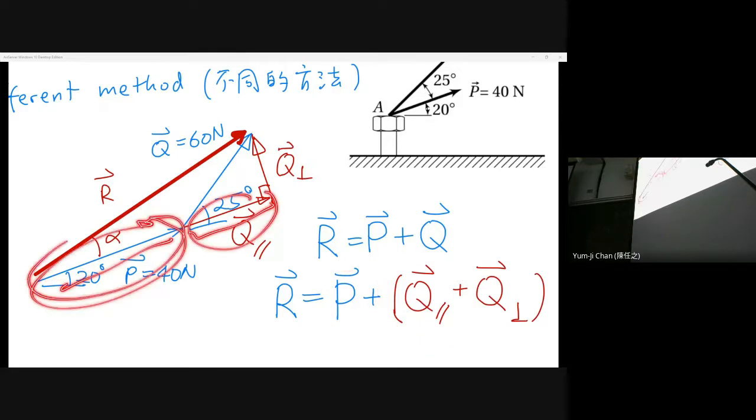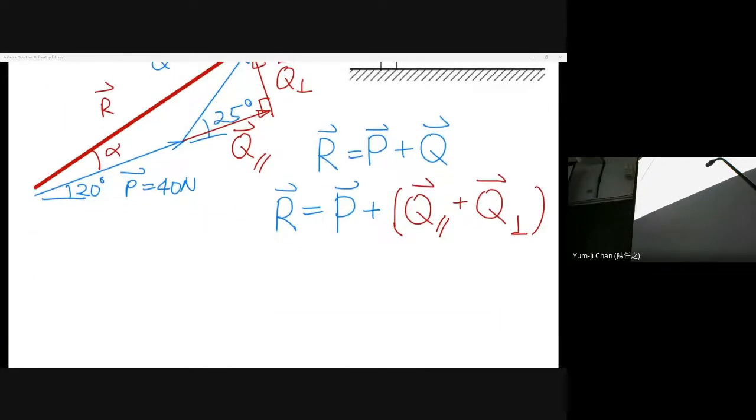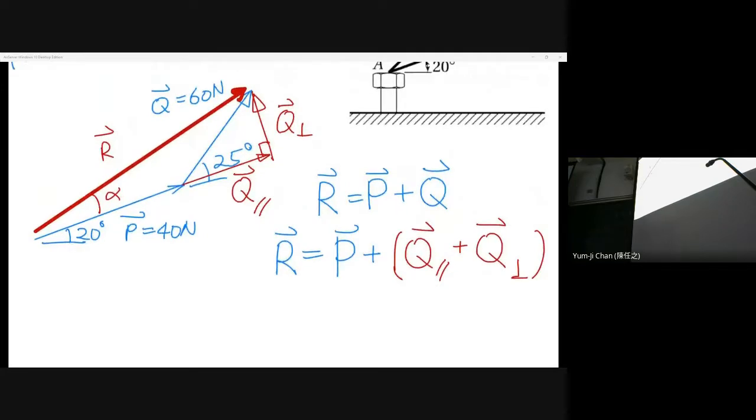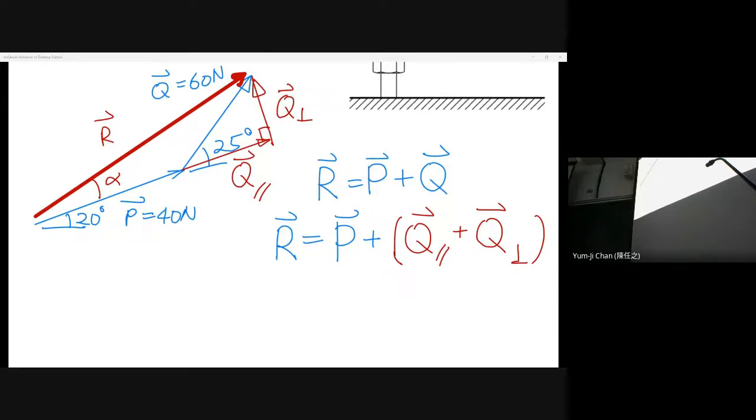We can add P and Q parallel easily, and Q perpendicular can be added by trigonometry. Now, if you're okay with that, I move slowly, so that you can still draw the diagram.